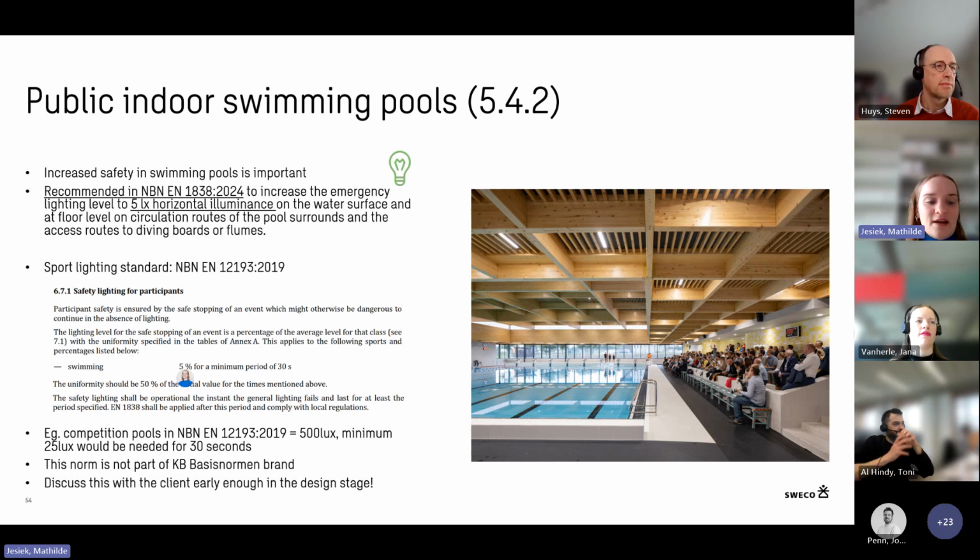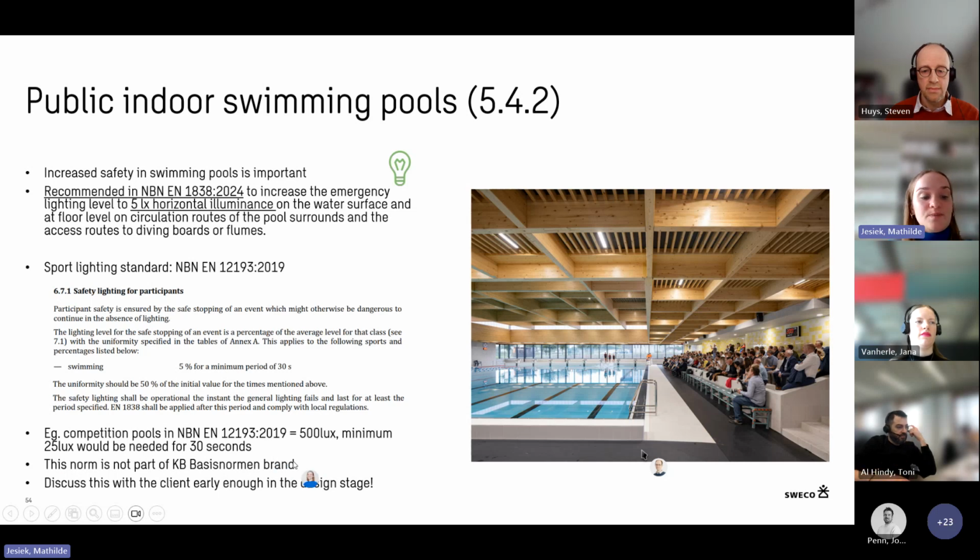They say that you need 5% of the minimum. So you need 5 lux of the normal lighting level for minimum 30 seconds, and then you need to apply the emergency lighting. But if you, for example, have a competition pool where you need 500 lux, then 5% of 500 lux is 25 lux. So it means you need 25 lux for 30 seconds, which is quite a lot.